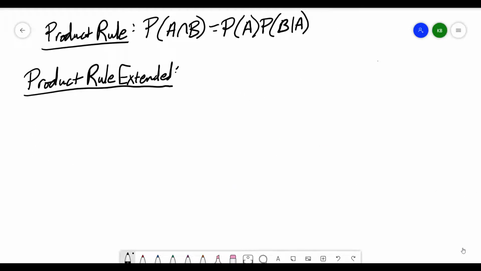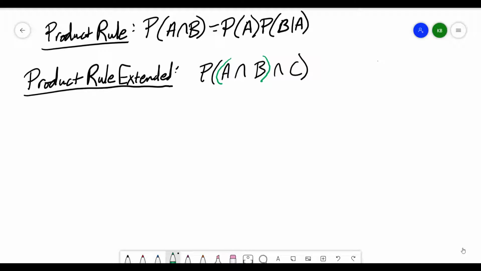In addition to having a specific product rule that works for independent events, we can also extend the product rule so that it works for more than 2 events. So let's consider 3 events, A, B, and C, that I want to know the probability of their intersection. So I can think about them as being grouped together.